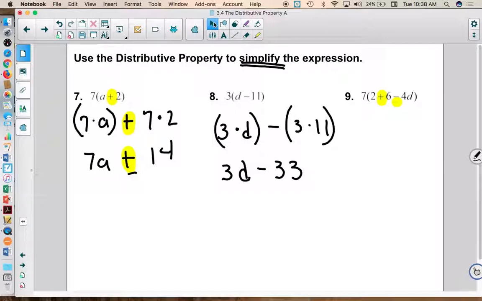Times 2 plus. Okay, the only place I see where it got you is right there. What should that symbol right there be? Minus. So keep it there, okay? Otherwise, you got it. Good, Josie. Finish it now.